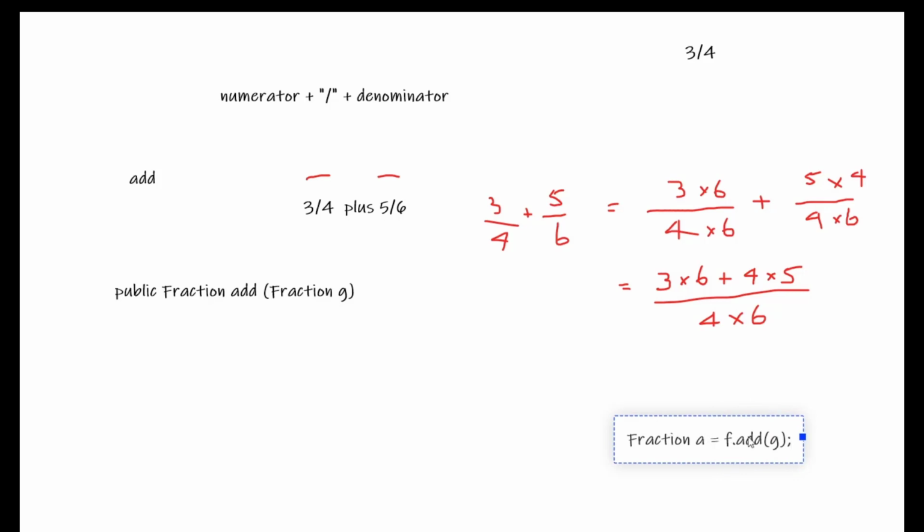So f is a fraction, g is a fraction. You're going to add them both together and return a new fraction. It takes as parameter a fraction.